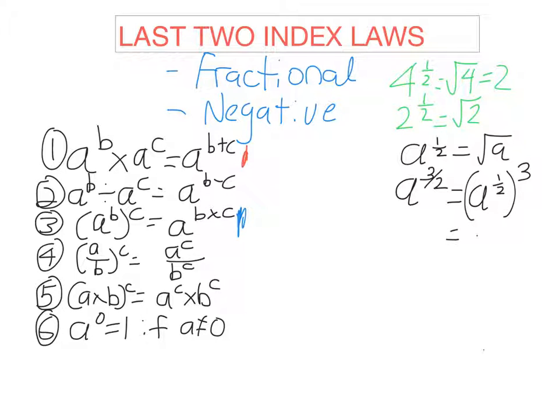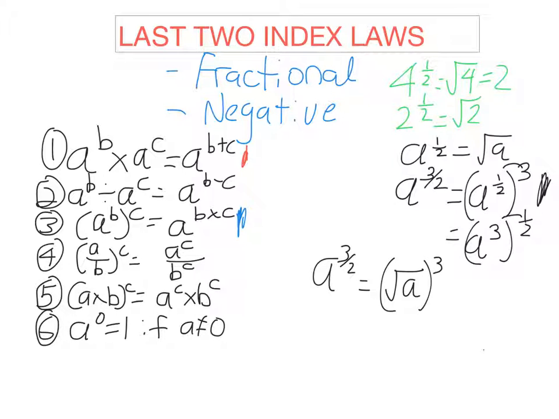Or I can write it equivalently as a cubed to the power of a half, because I multiply the powers, and this will give me a to the power of 3 on 2. So therefore, if I use this equation here, a to the 3 on 2 is the square root of a, which is a to the power of a half cubed.